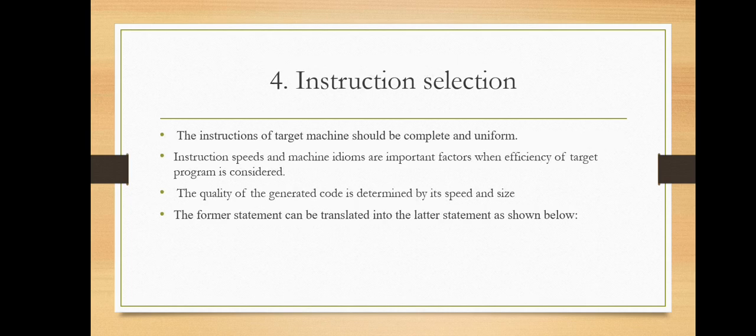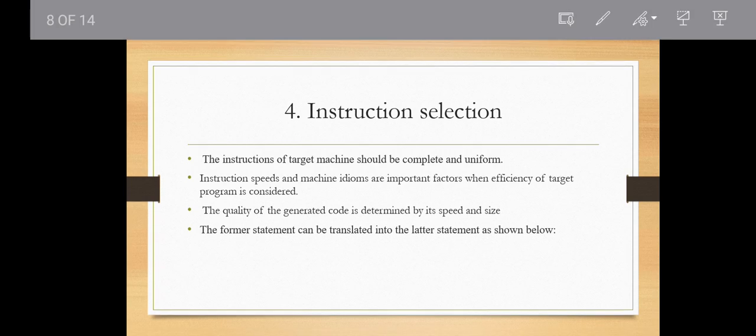The next design issue of the code generator is instruction selection. As I said, the code generator takes intermediate code as input and converts it into the target machine instruction set. The instructions of the target machine should be complete and uniform.